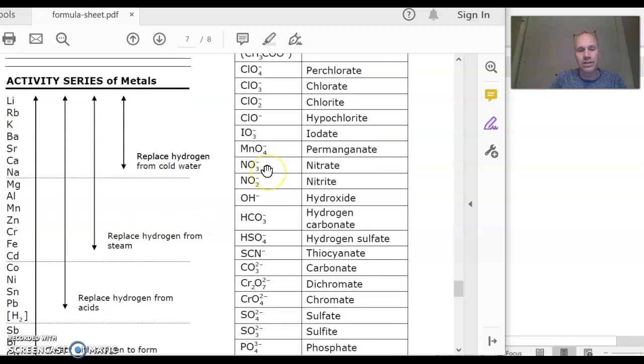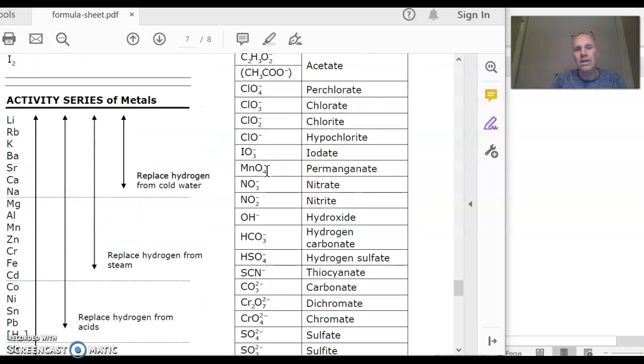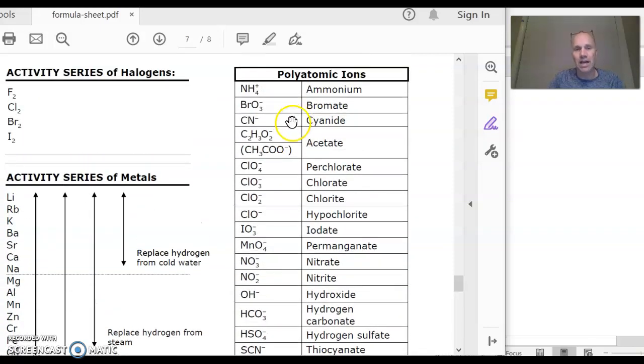On page 7 of the reference guide, you have this list of polyatomic ions, and each of these has a name. NH4, whenever you see NH4, that's a polyatomic ion. Its charge is +1 and its name is ammonium. BrO3 with the -1 charge is bromate.